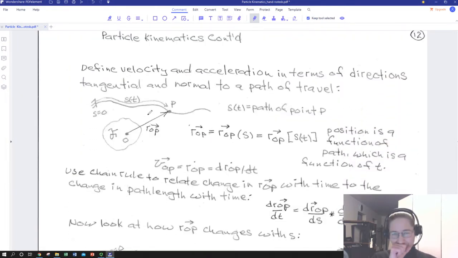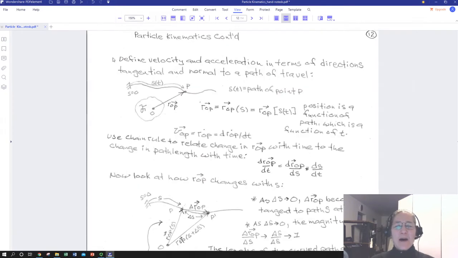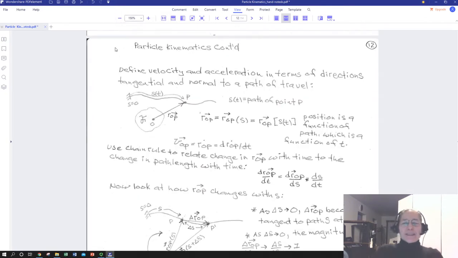Okay, we're gonna go for our last and related topic. I know this is getting to be a little bit long, but I'm gonna go ahead and try to pick up our tangent normal coordinate system, which is super useful for something traveling along on a path, and that's because it's very, very similar to our cylindrical.